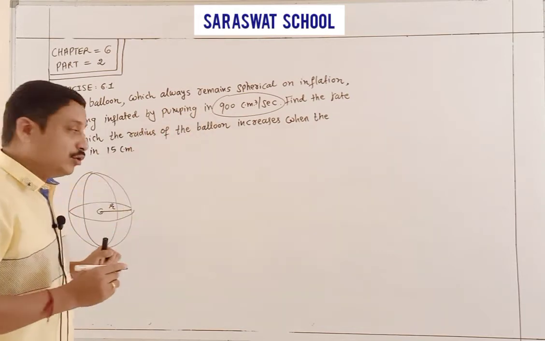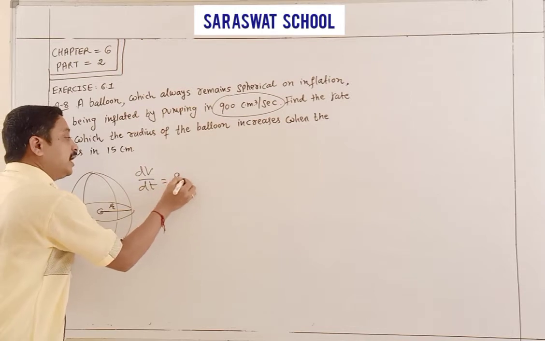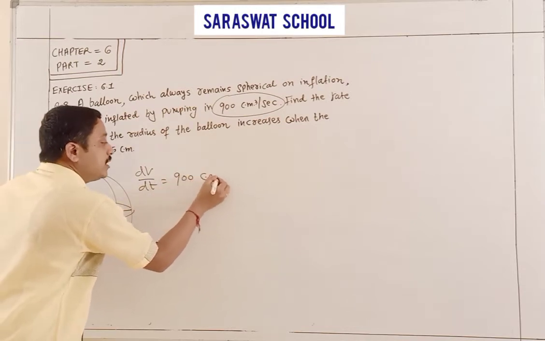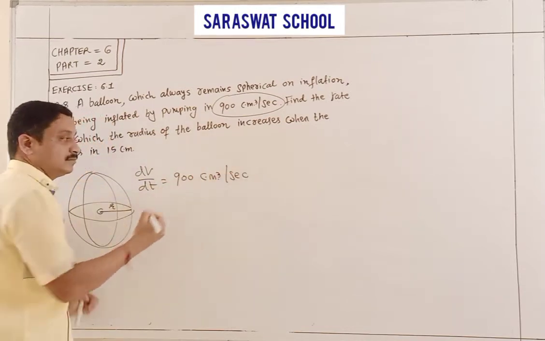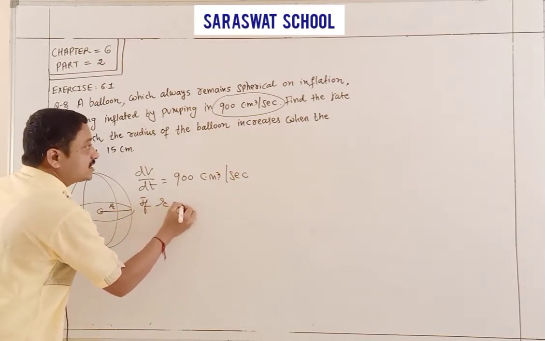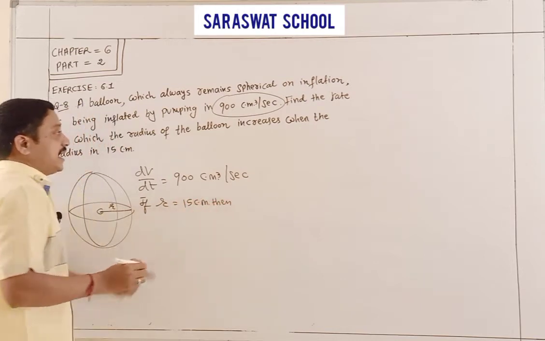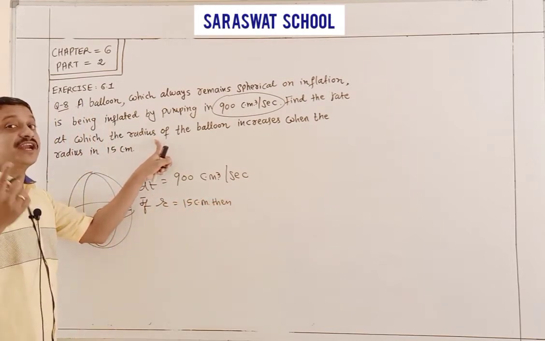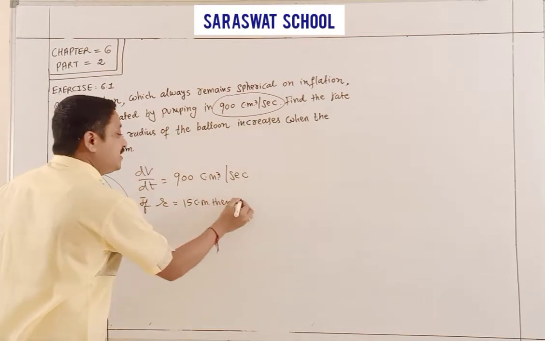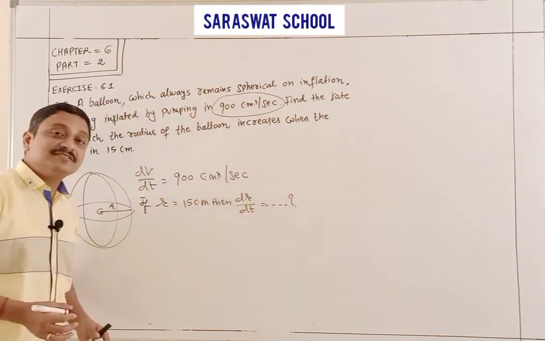So dV by dt is 900 cm³ per second, and the question asks how fast the radius is changing, which means dr by dt is my target.